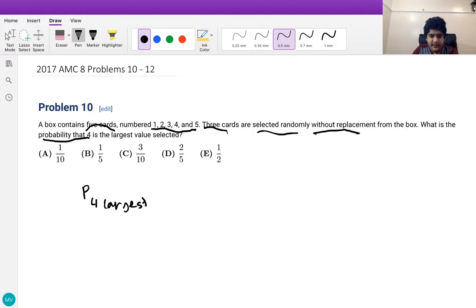So this is going to be equal to the probability that there is no number larger than 4. And since 5 is the only number larger than 4, this is just the probability of no 5. Then we multiply the probability of no 5 by the probability that 4 is in it.